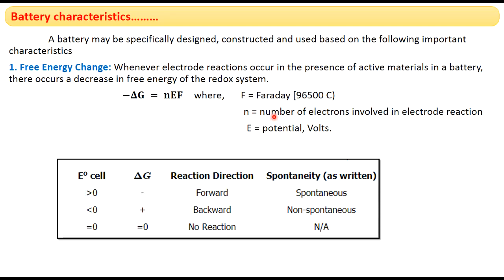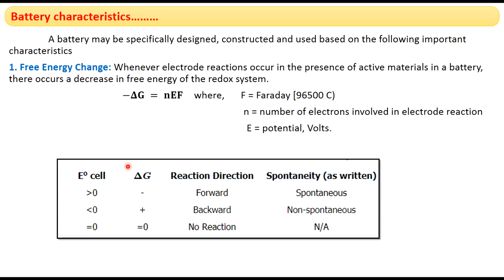Free energy generally decreases when we are getting a positive EMF. So when we are getting electricity from a cell, the free energy decreases. That is represented here as minus delta G, and here E is positive, so delta G is negative.